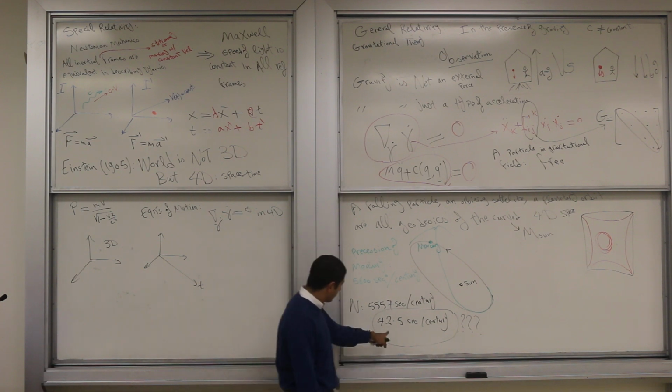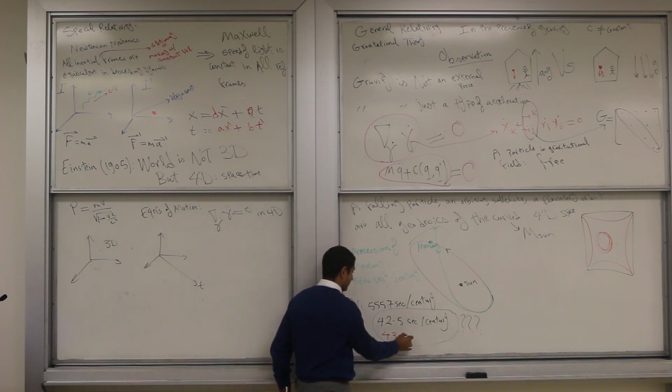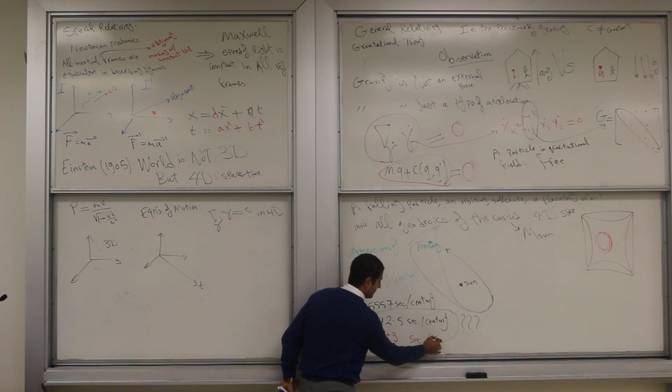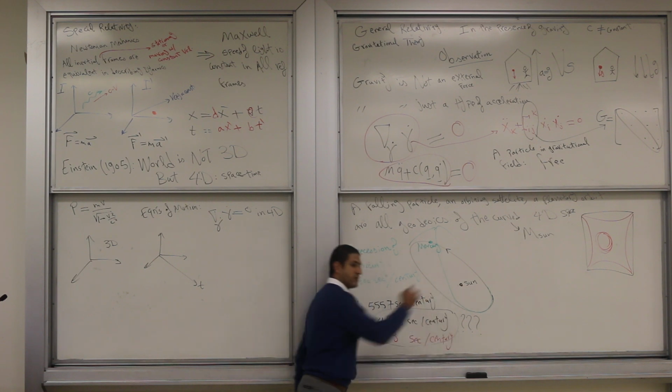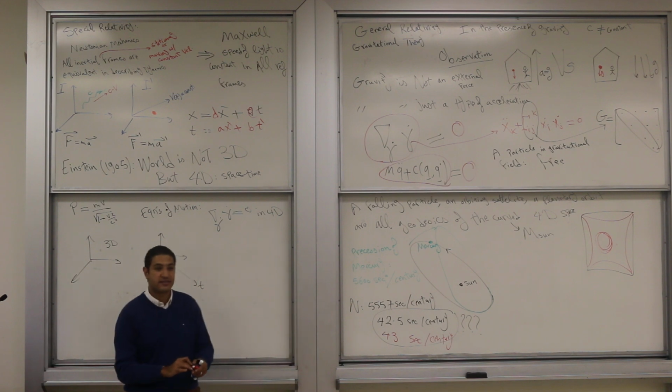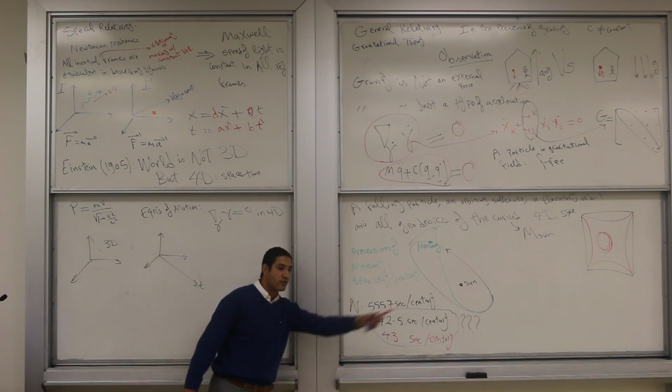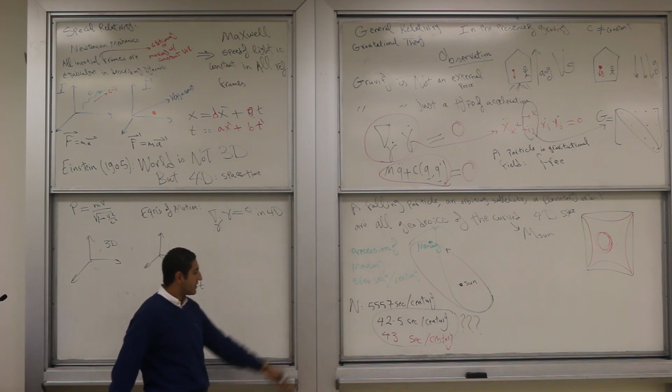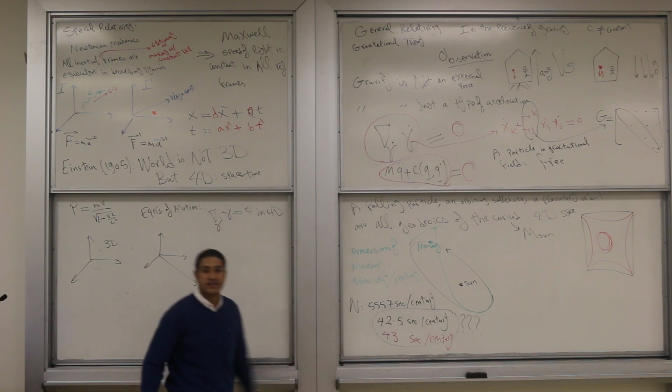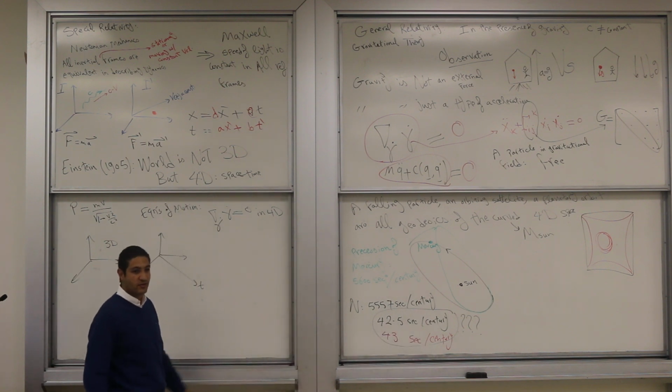What did he get for this? 43. So this was his celebrated result. Out of the observed 42.5 seconds per century, he got 43 seconds per century, with great accuracy, confirming his result.